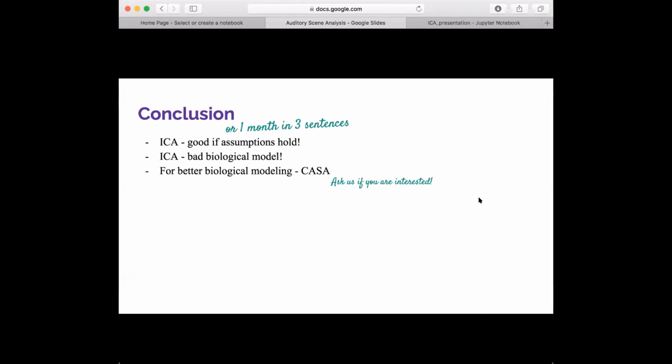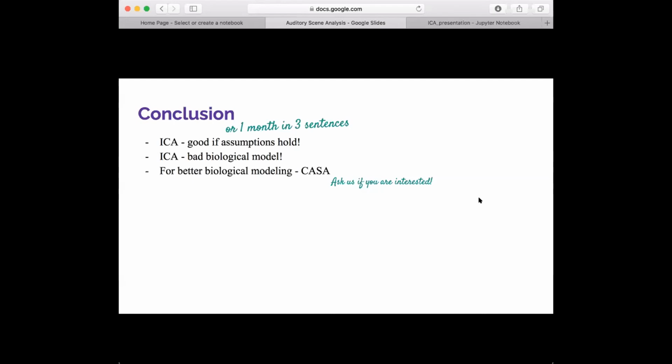Well, the whole idea for us was to find a model of human-like audition. We first went to ICA because it is very widely used as a solution to the cocktail party problem and sound segregation. But then in the middle of it, we realized, oh wait, it's not really a very biological model. So let's see what else is out there. And we encountered this direction of research into computational auditory scene analysis, where the models use a model of the peripheral system.